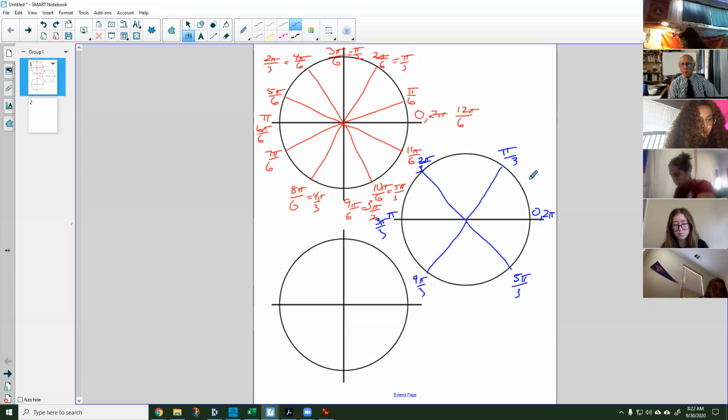And these are the same pi over 3s as these that I did up here. It's just that I eliminated the pi over 6s so I could see it a little bit more clearly. Okay, so these are my pi over 3 angles.